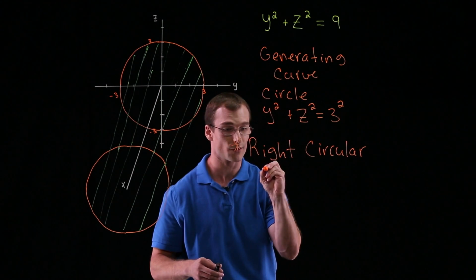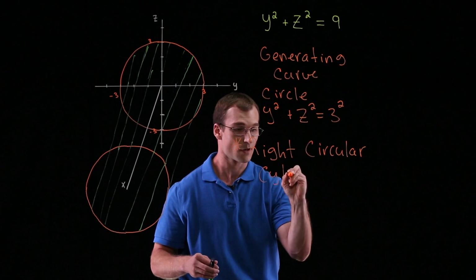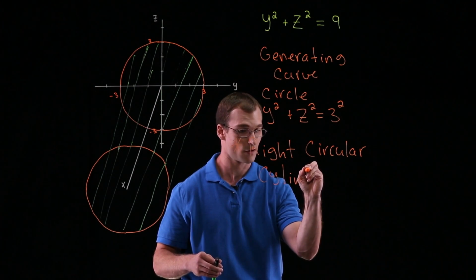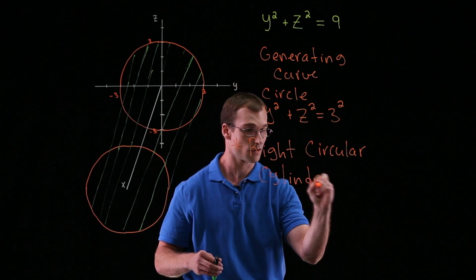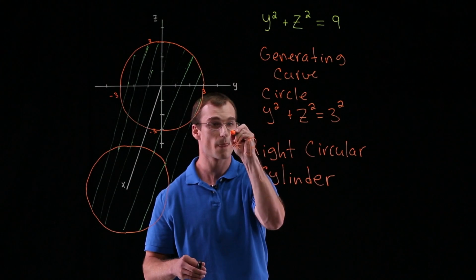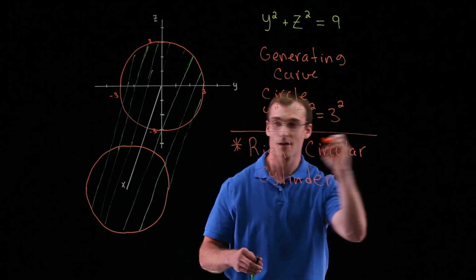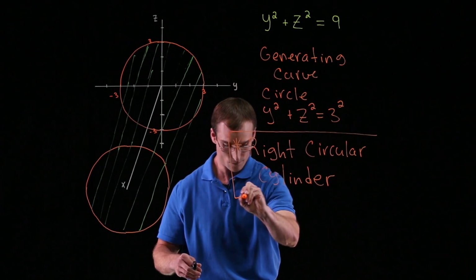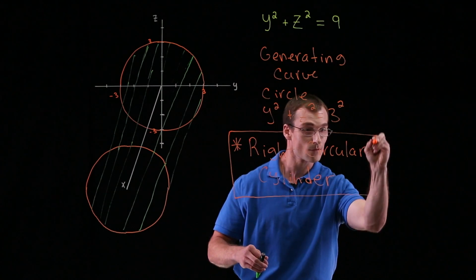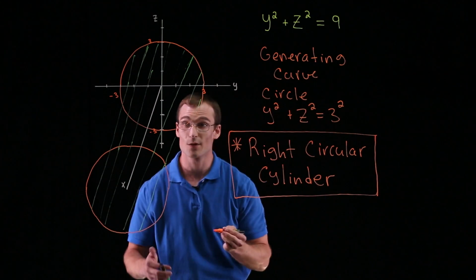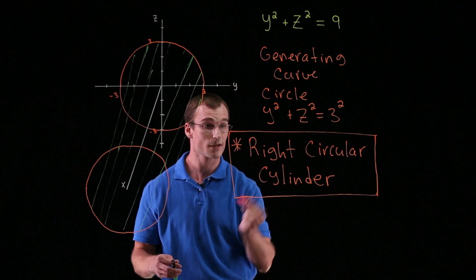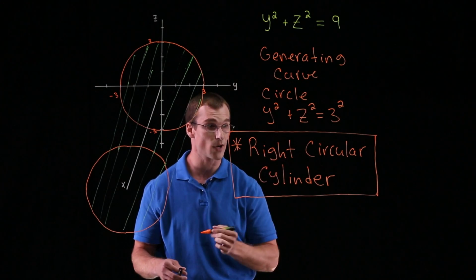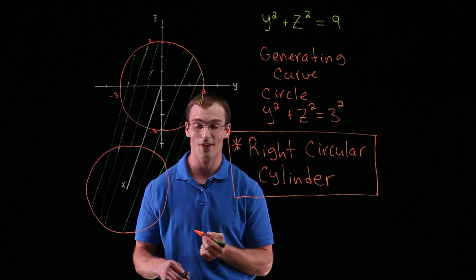So a right circular cylinder. So there we have it. We have our surface sketched and described as a right circular cylinder. Thank you very much.